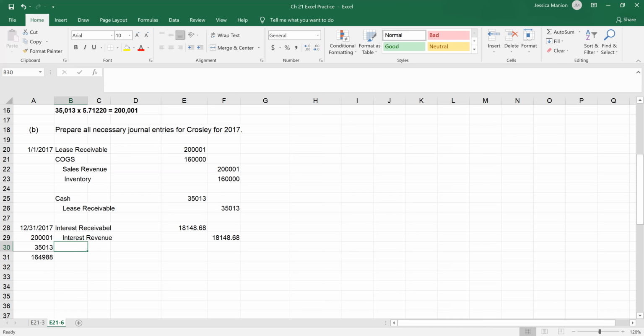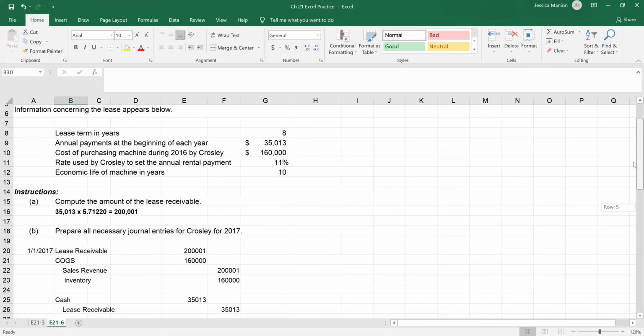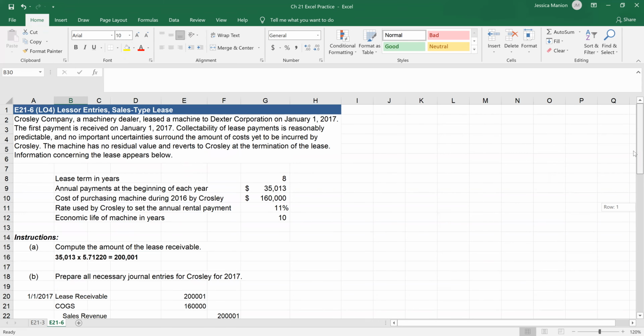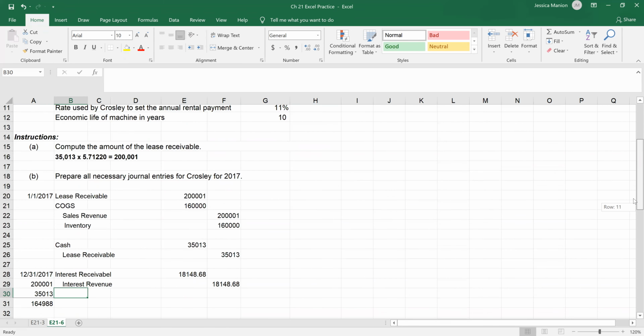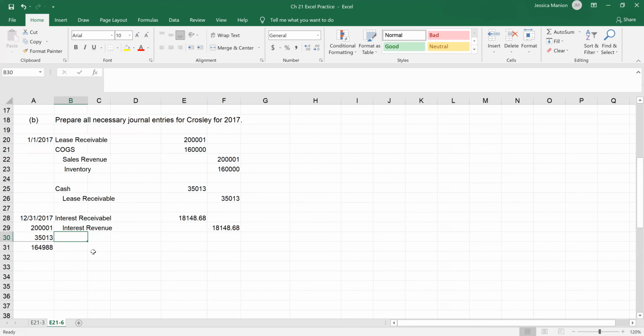So we recognize the interest revenue. And I forget what it said on this one. The machine has no residual value. That's right. So no residual value on this one.